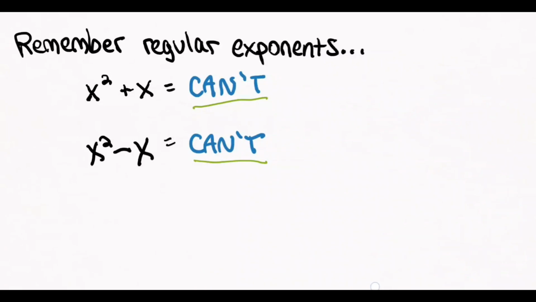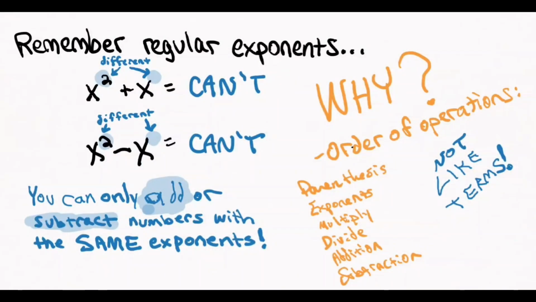It's like apples and oranges, because x to the second is like x times x, and this plus x is plus x. So you have x times x plus x, and you can't combine all those together. Why? Because of the order of operations rules. You have to do the parentheses first, then the exponents, then you multiply, then you divide, then you add, then you subtract. You can't combine unlike terms, and these are not like terms.